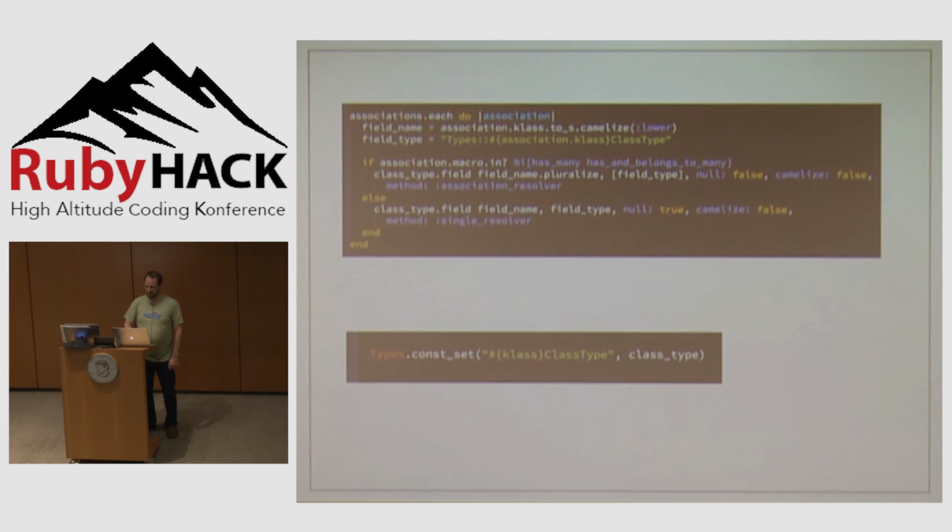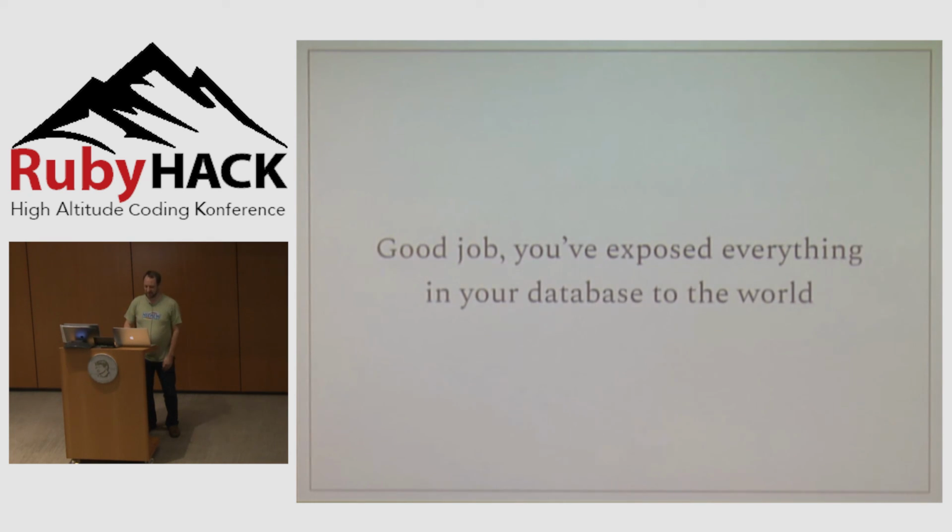So I can actually refer to a class type that I haven't created yet as the field type. And so yeah, if the association is a has_many or belongs_to_many, I need to pluralize it. I need to do it as a list instead of an individual field. And then it gets a resolver for multiple and then singular. And then I just const_set that in as my class type, along with all my types.